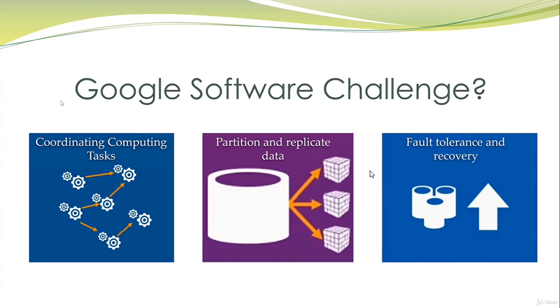Back in the early 2000s, as Google web search was getting more and more powerful, Google realized that the traditional software, traditional methodologies would not work for this scale of web search. That's when they realized that they would have to build something of their own to manage all these processes, which can run on hundreds of thousands of machines.